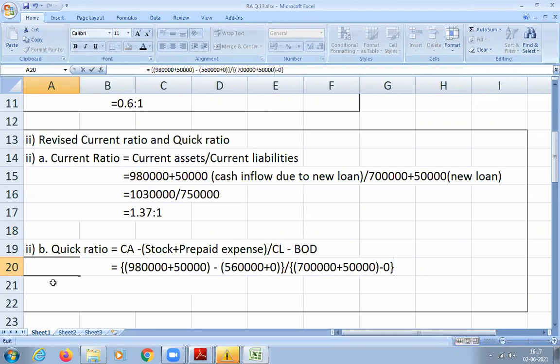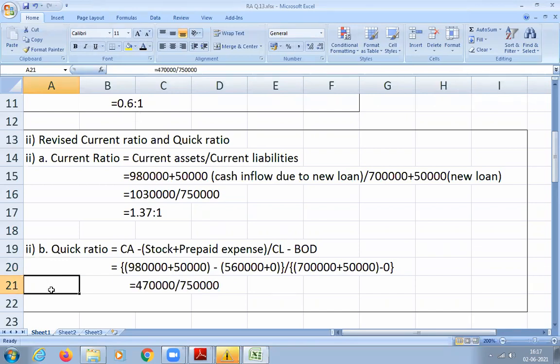Simplify further. How much will you get in the numerator? 4,70,000 divided by 7,50,000. That gives 0.63. You get the ratio 0.63.